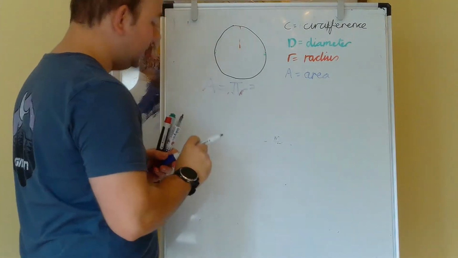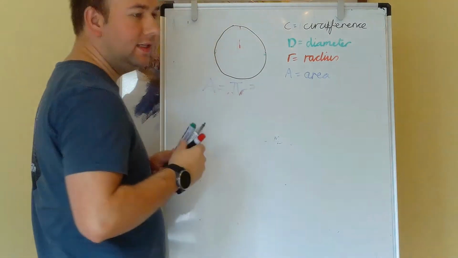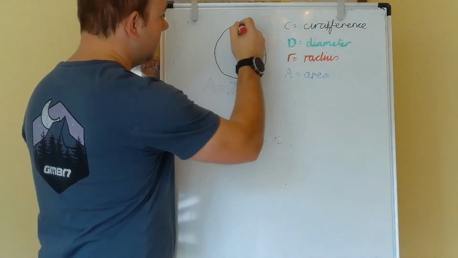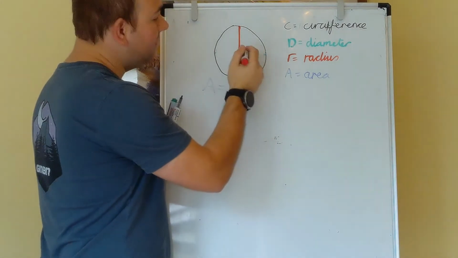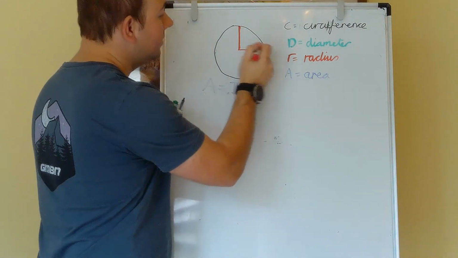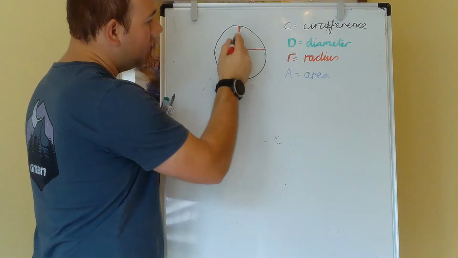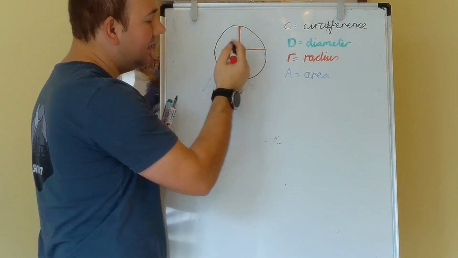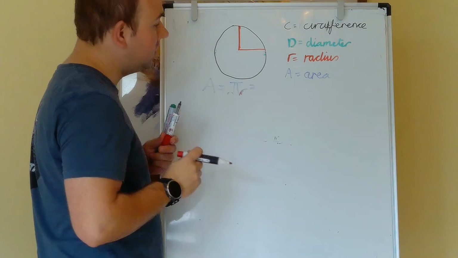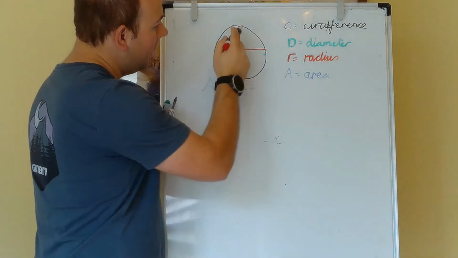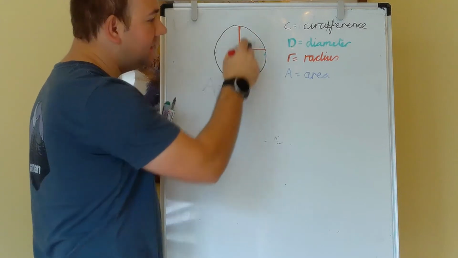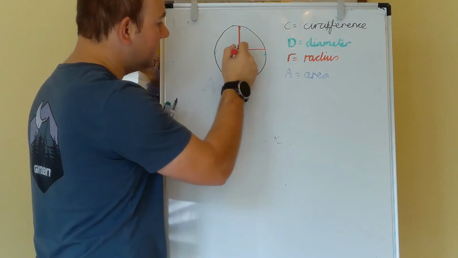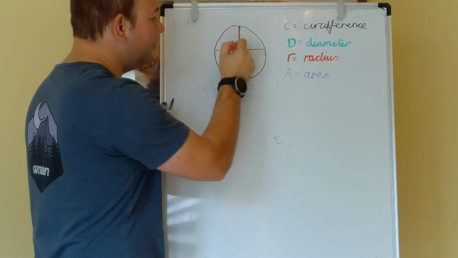Let's say we take a radius from this circle, so let's put that radius back in, and then we draw another radius. What we have here is a section of the circle. Let's say we keep doing these radiuses and we space them equal distances around the circumference. In this case, let's say there were 4 of them.